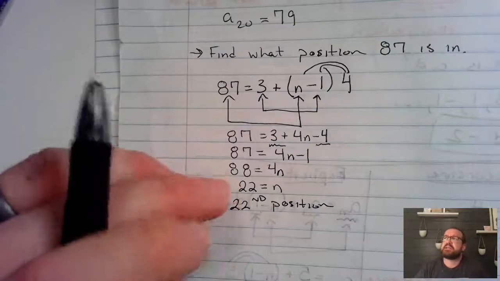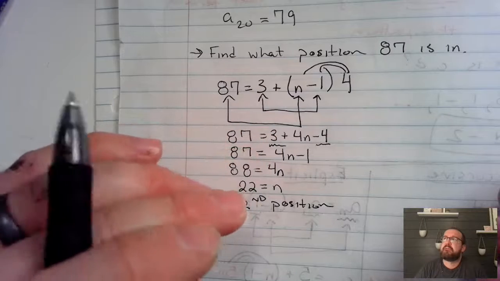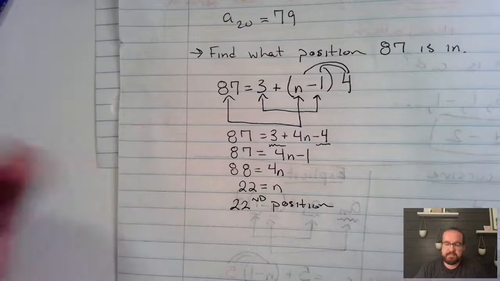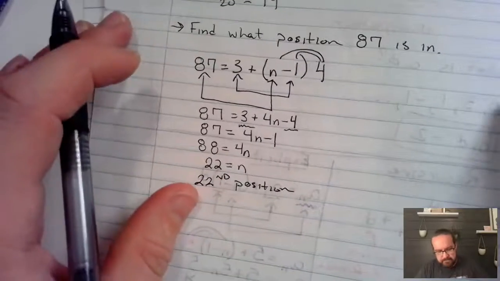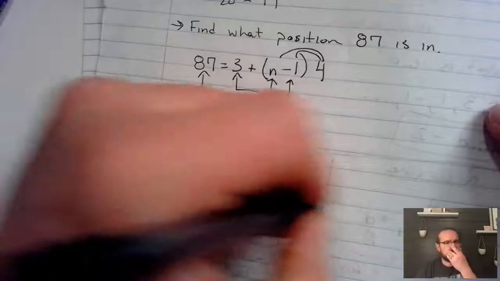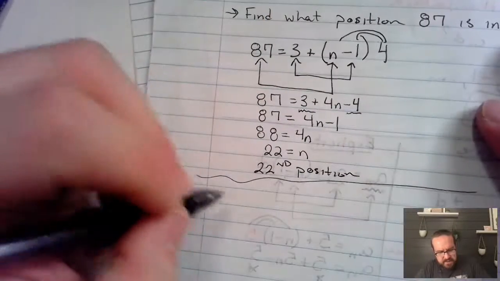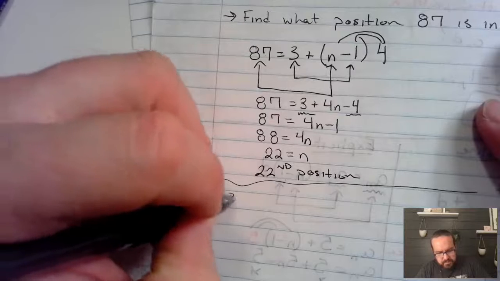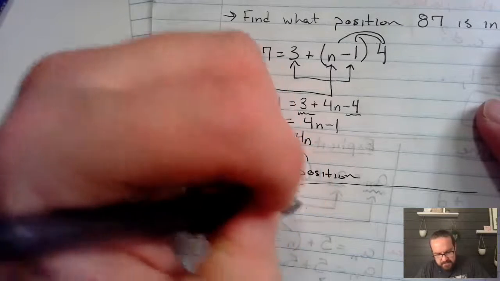All right. I'm going to give you one more here. Let's think about this. Let's say that my third term is 10.